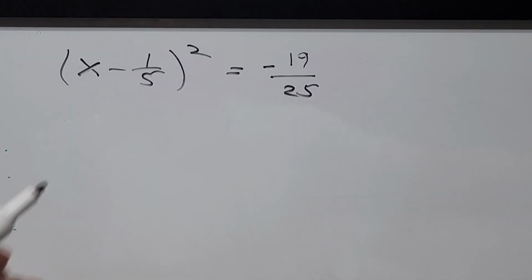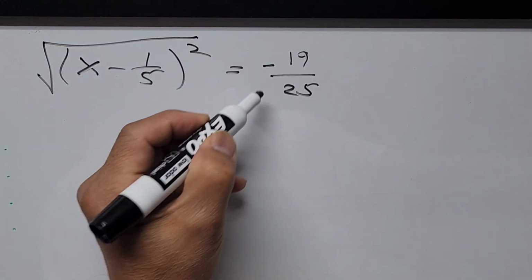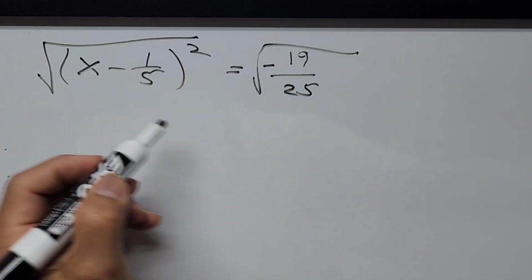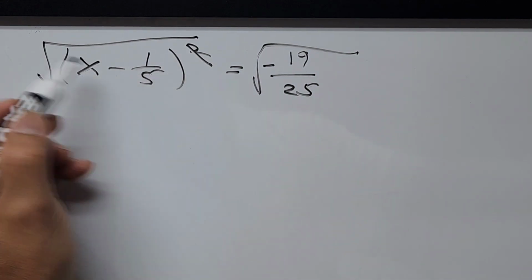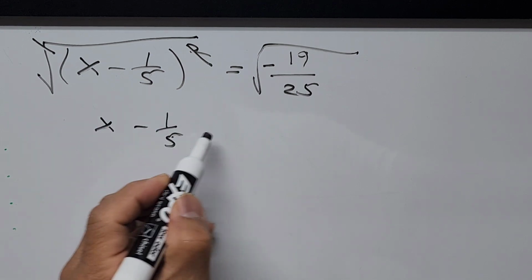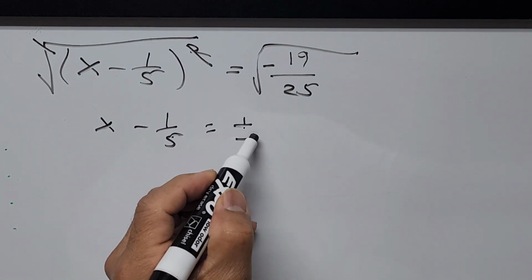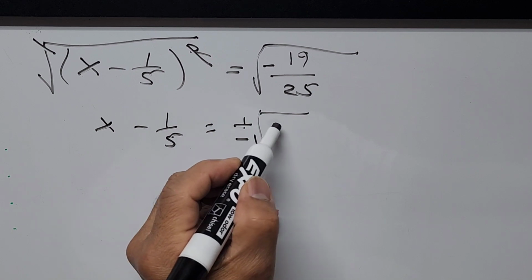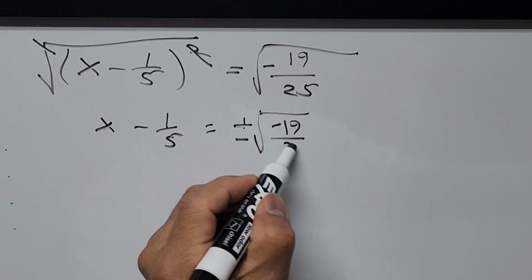Now we take the square root of both sides of the equation. So we cancel the square and the radical sign. We end up with x minus 1 over 5 equals plus or minus the square root of negative 19 over 25.